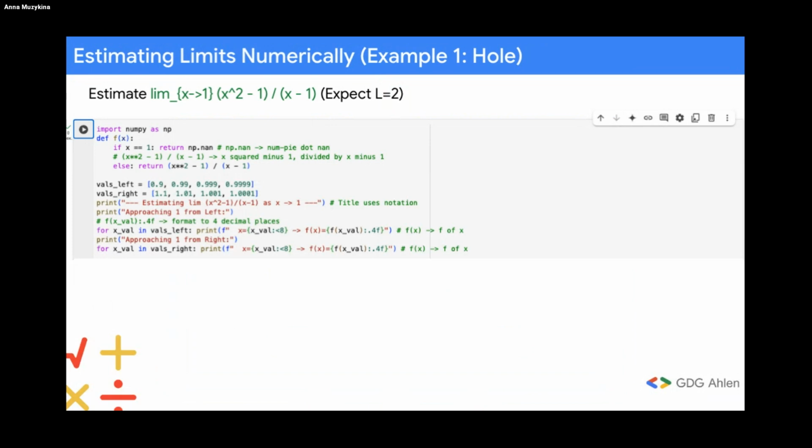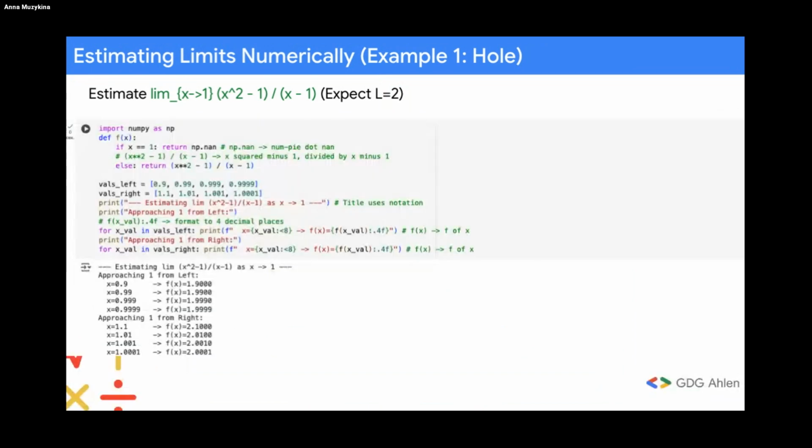The code defines f of x, handling x equal to 1 with numpy.nan, and checks values approaching 1. The colon .4f formats the output. The output shows f of x approaching 2 from both sides, as you can see from the left and from the right.